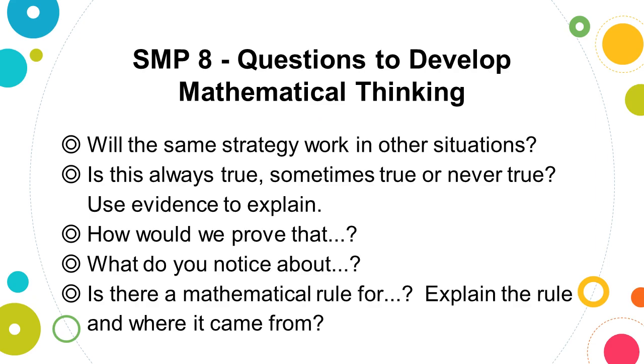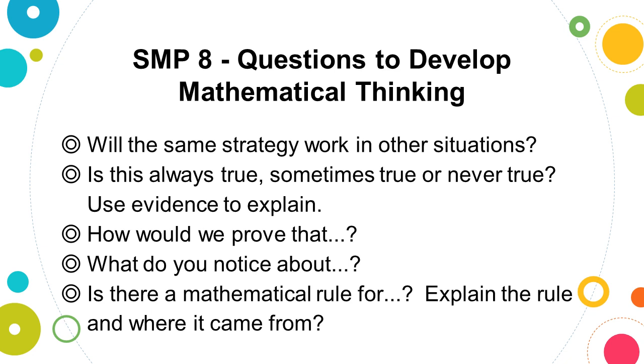Here are questions that you can ask your students to develop mathematical thinking as related to practice number 8. Will this same strategy work in other situations? Is it always true? Is it sometimes true or never true? And use evidence to explain. How would we prove?